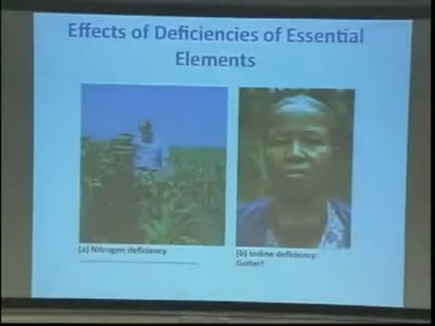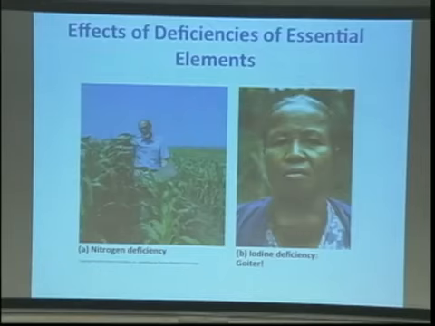Okay, yeah, question in the back. Yes, that's my next slide. So thank you for introducing that. This is a slide that just shows a couple of effects of deficiencies of these kinds of trace elements. As she's pointing out, if you have an iodine deficiency, it causes a disease called goiter. It's very obvious in people that have a very profound iodine deficiency because they get an enlargement of their thyroid gland.